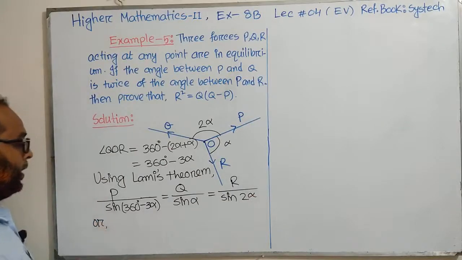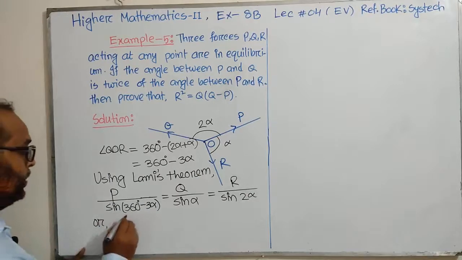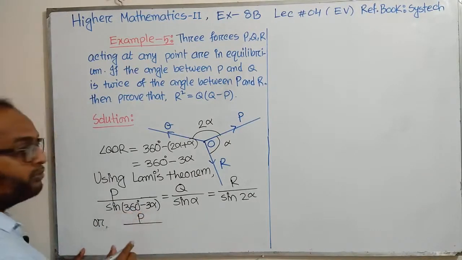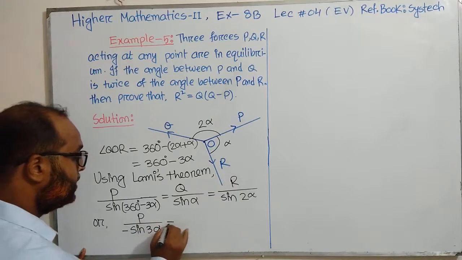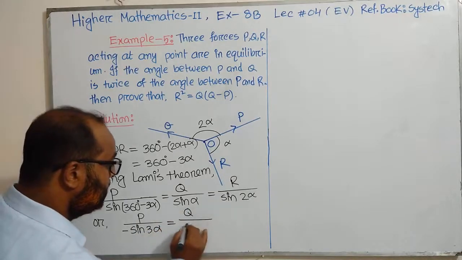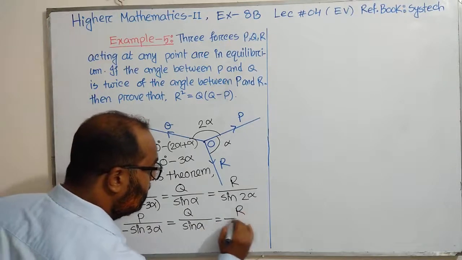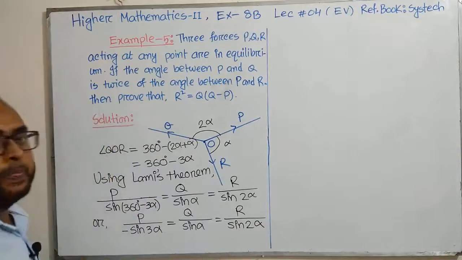Here sine of 360 degrees minus 3 alpha will be minus sine 3 alpha, because the angle lies in the fourth quadrant. So P by minus sine 3 alpha equals Q by sine alpha equals R by sine 2 alpha.